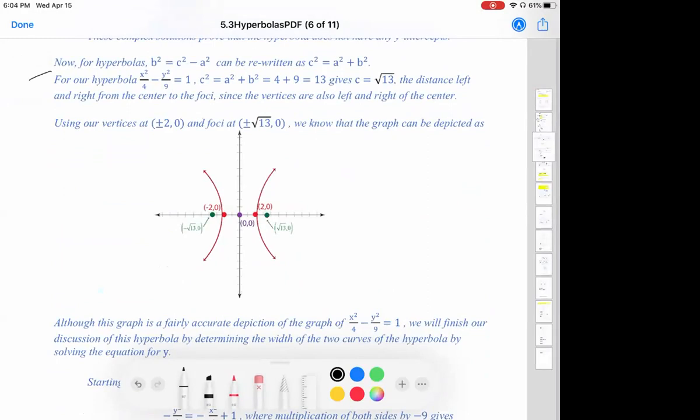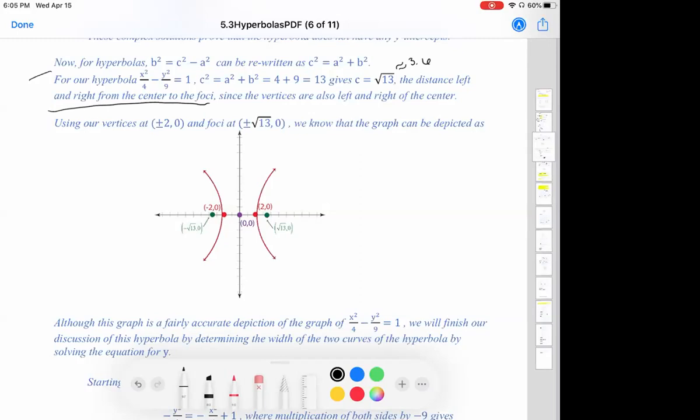We get square root of 13, which is about 3.6. That's the distance left and right from the center to the focus points, on both sides. Since the vertices are also left and right of the center, we use our vertices at plus or minus 2 and our foci at plus or minus square root of 13. We have the graph depicted as below.